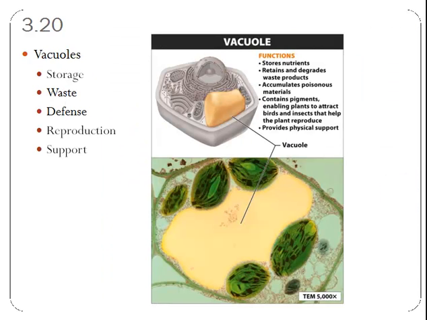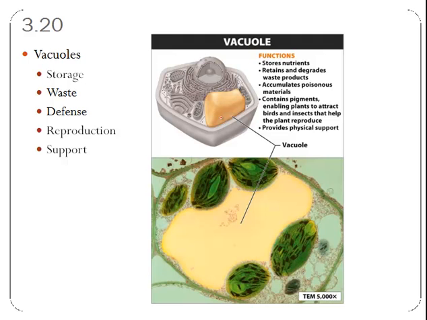Another structure that's usually found in plants, there are a few animal cells that have these, but we'll stick with that it's usually in plants, are vacuoles. And vacuoles work for storage. They're just large sacs inside of plant cells. They can store water, they can store waste, they can store toxins that are used in defense. Some plants use them for reproduction.